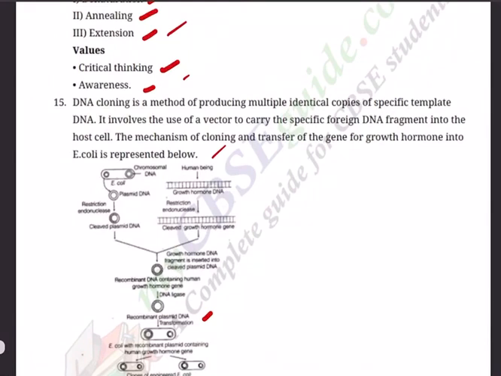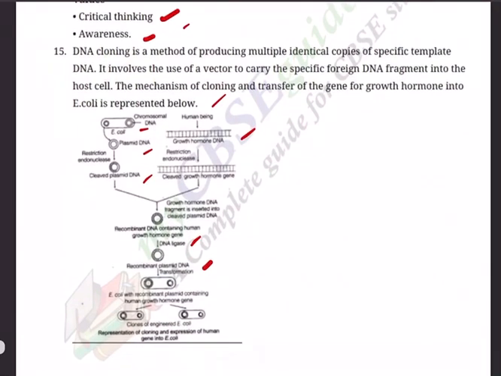You take the human growth hormone DNA, and here you can see E. coli and the chromosomal DNA and the plasmid. The plasmid is extracted out, and then this is the cleaved plasmid. Now the fragment of DNA, the gene of interest, is inserted in this with the help of an enzyme called ligase. This is joined, and you get the recombinant plasmid DNA.